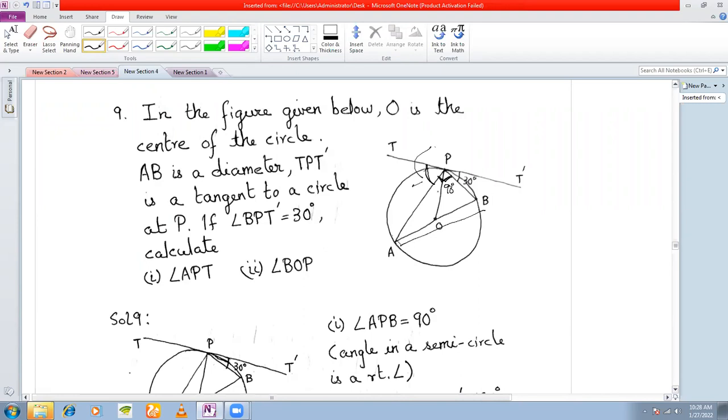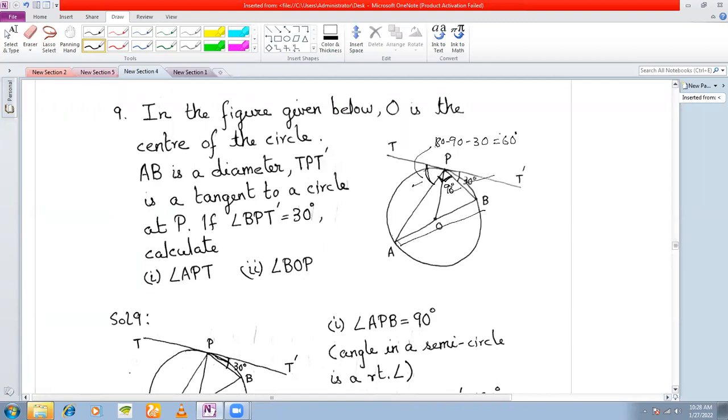Sum of this angle and this angle must be 180 degree, because the angles are on the same straight line, right? So you must have this angle equal to 180 minus 90 minus 30, which is 60 degree. Okay, this is one way of doing.